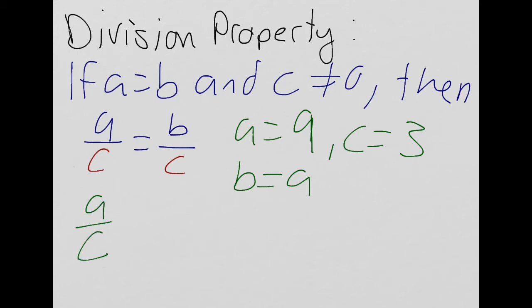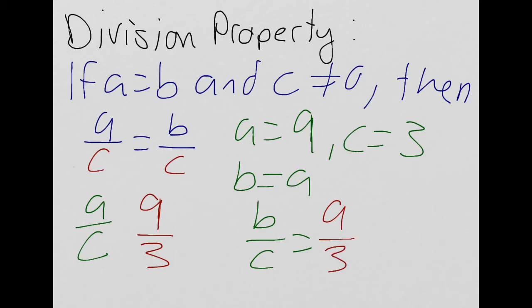A divided by C is going to be 9 divided by 3, and B divided by C is going to be, A is equal to B, so B is 9 and C is 3, so this gives me 3, this gives me 3, and so we find out that these are in fact equal.